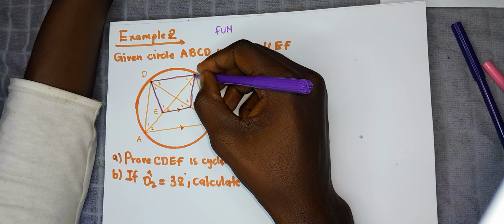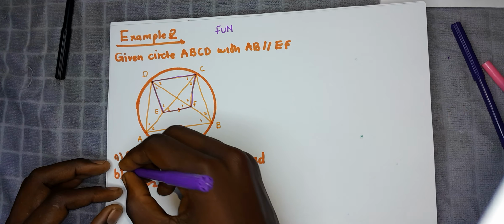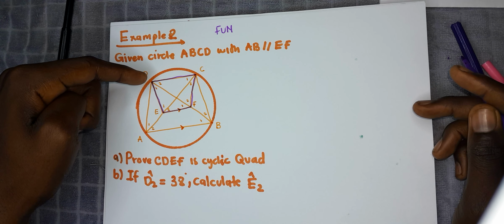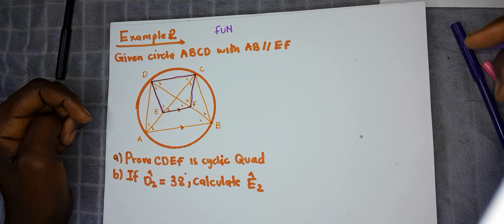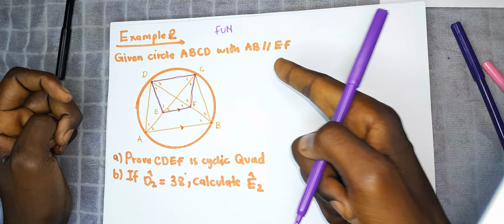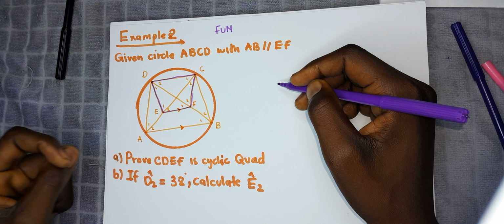So from here on, let's read the question carefully. They didn't say this is a cyclic quad. They say prove that CDEF is a cyclic quadrilateral, which means there is a possibility that this is not a cyclic quadrilateral, because they say prove.